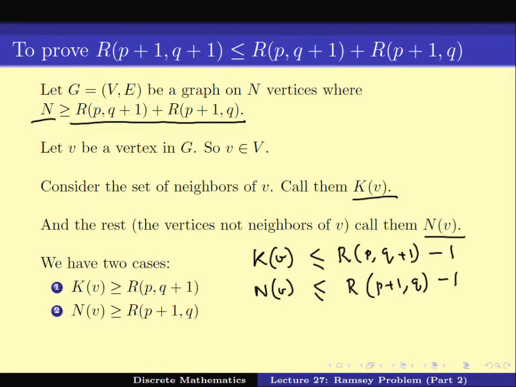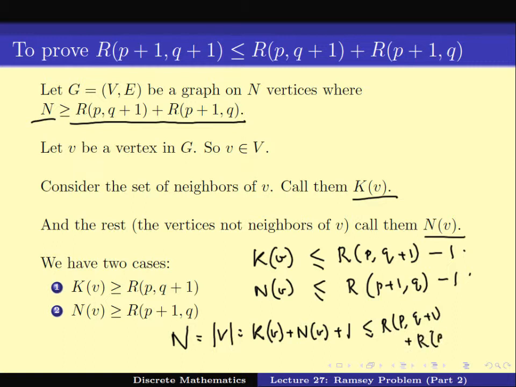Now, what is the size of the vertex set? This was of course n, which we started with, and it is the neighbors of V plus the vertices which are not neighbors of V plus the vertex itself, which is 1. Which is less than or equal to R(P,Q+1) plus R(P+1,Q) minus 2, and then plus 1, so I get minus 1.